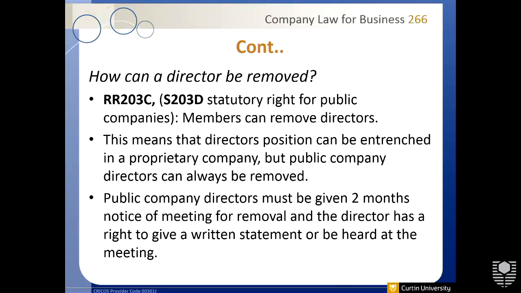Public company directors must be given 2 months' notice of meeting for removal, and the director has a right to give a written statement or to be heard in the meeting. So if you want to remove a director, you must give him the notice, and he has a right to represent himself and say why he should not be removed, and he should be heard.